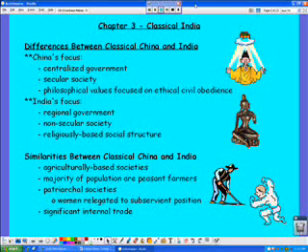Is saying that they're both agriculturally based societies a useful comparison? Not really, because all civilizations are. That's what makes them a civilization. Every civilization we'll study is going to be an agriculturally based society. So should we ever use that as a useful comparison? No. Never.